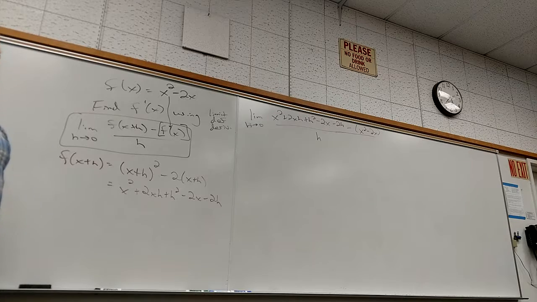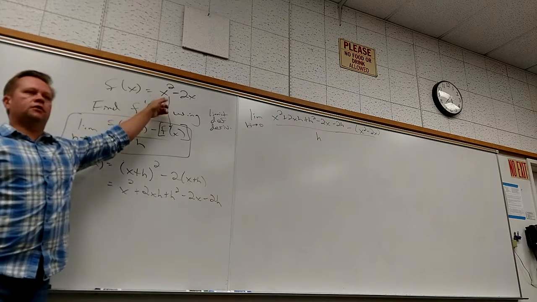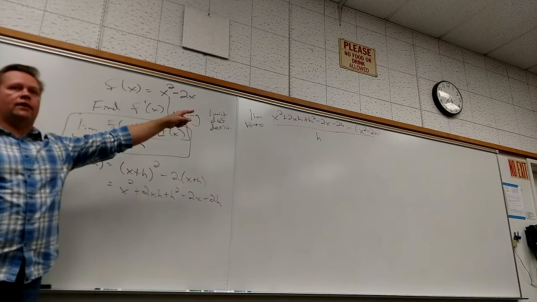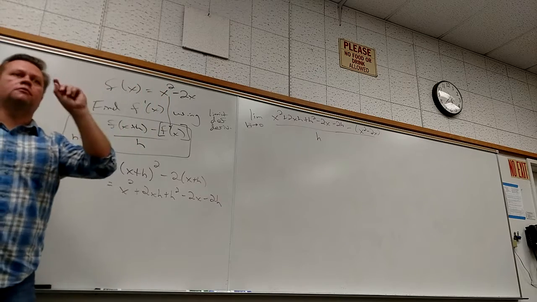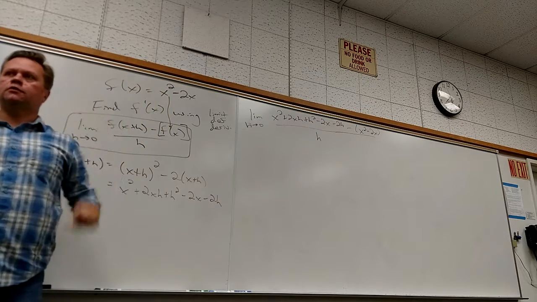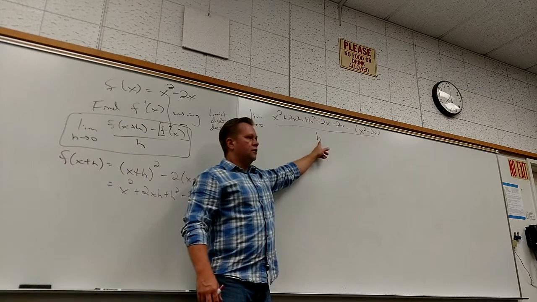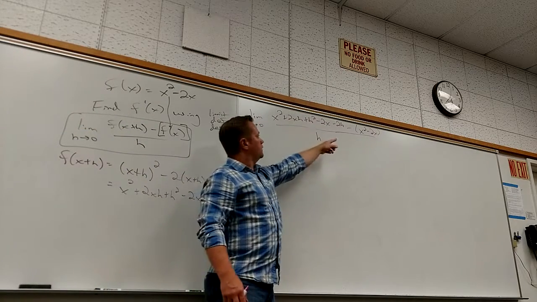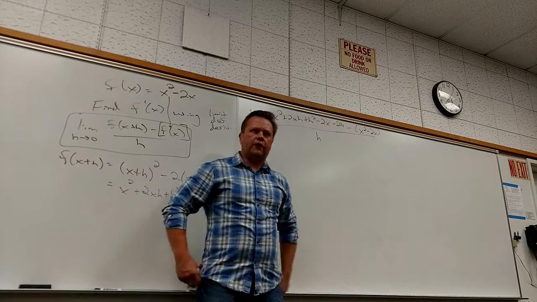So you see a lot of stuff happening up there, right? In fact, anytime you have a polynomial, for sure, everything that didn't have an h on the top should die. Because again, what's the problem? Why do I get 0 over 0? Because the top and the bottom both have a factor of h. So if you don't have something cancel on top, you've done something wrong. Because polynomials are very, very simple.